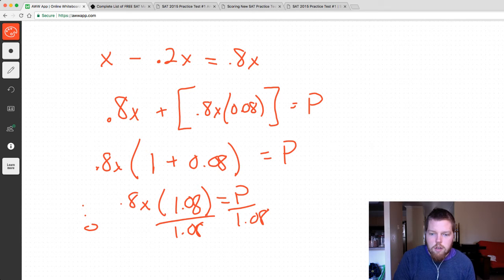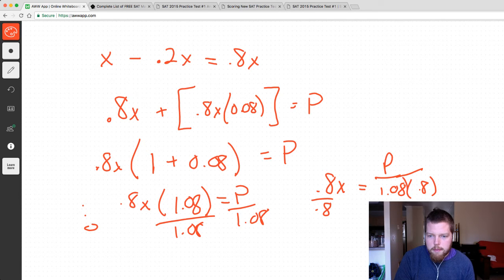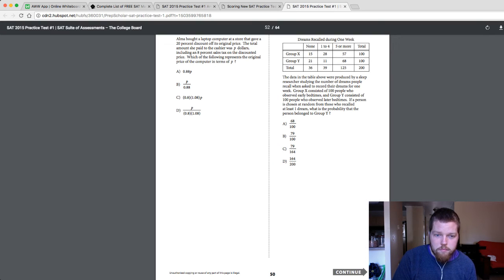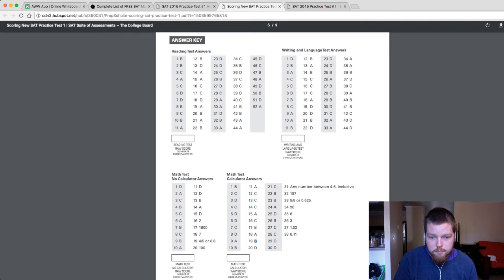So we have 0.8x equals P over 1.08. And then we'll divide both sides by 0.8, which means that we'll multiply this down here. X equals P over 1.08 times 0.8. So D is going to be our answer, right? Yep.